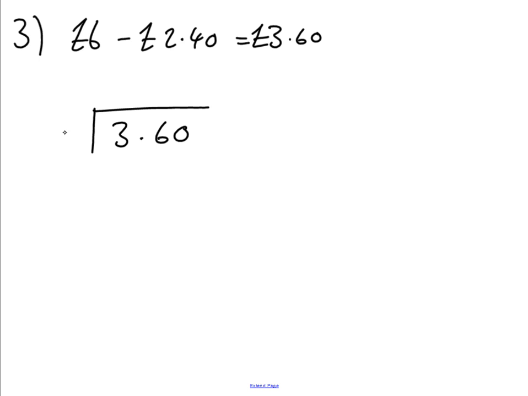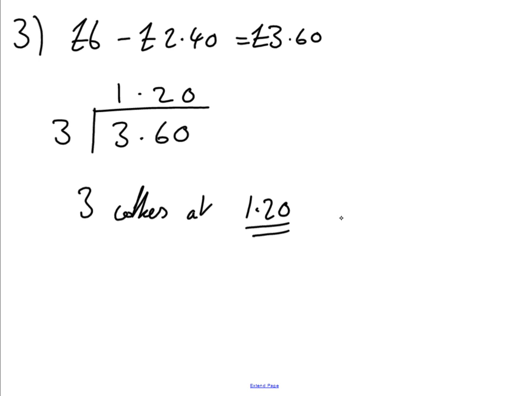You're going to divide that by 3 because there's 3 coffees. So 3 into 3 goes 1, 3 into 6 goes 2, and 3 into 0 goes 0. So your gap should say 3 coffees at, and then it should say £1.20 each. And then in the box it should be 360.